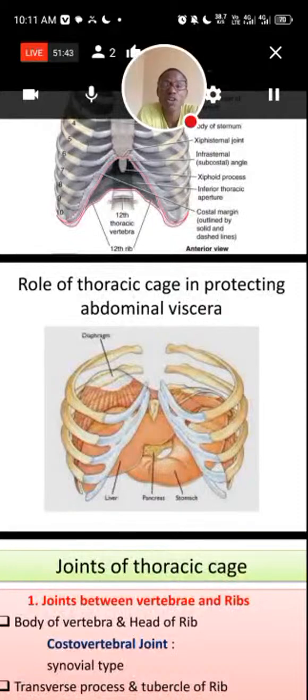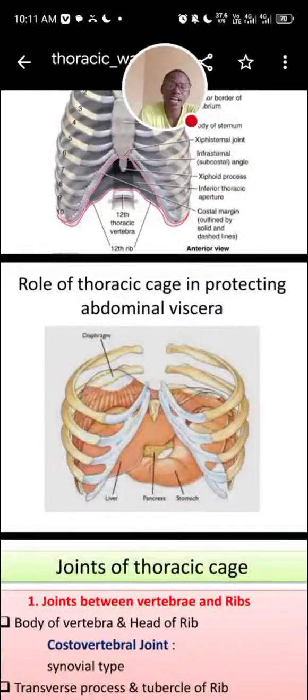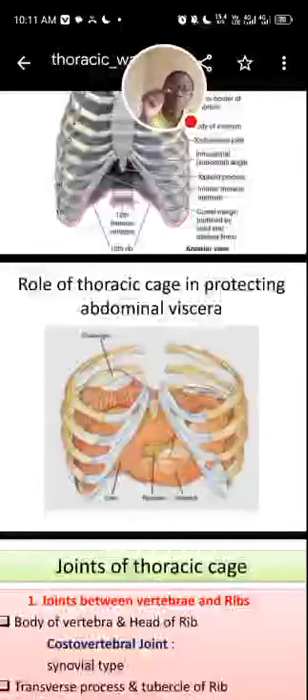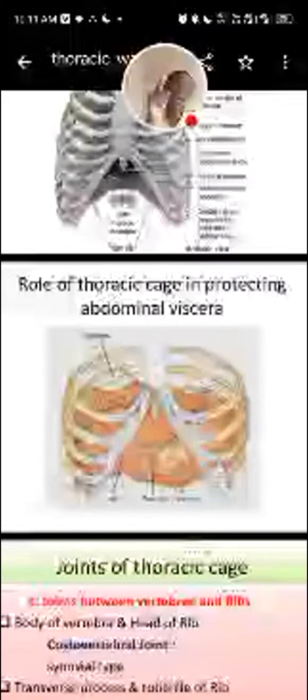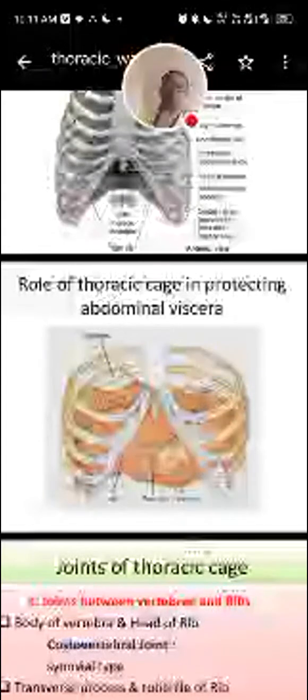Then SMS. S for sternoclavicular joint, M for manubriosternal joint, and the last S is for synchondrosis.